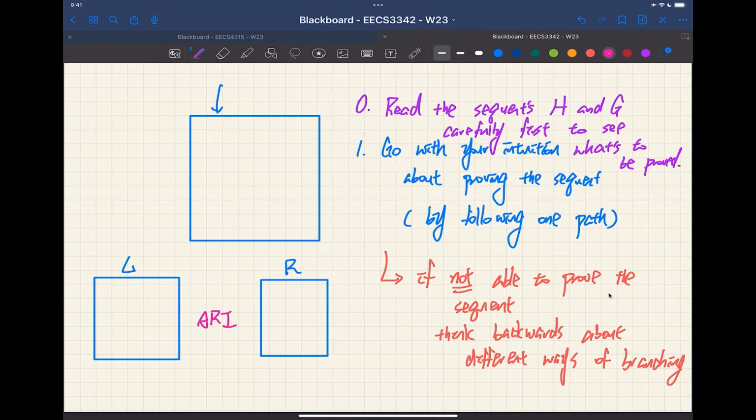Okay, I would say any inference, any step for which the justification is not really one of the inference rules that we have taught, very likely you can use ARI. However, I would say there are cases where ARI is really trivial. You don't need to do anything else.